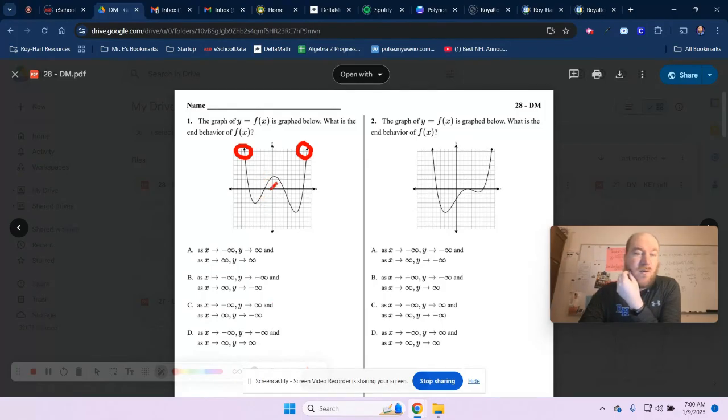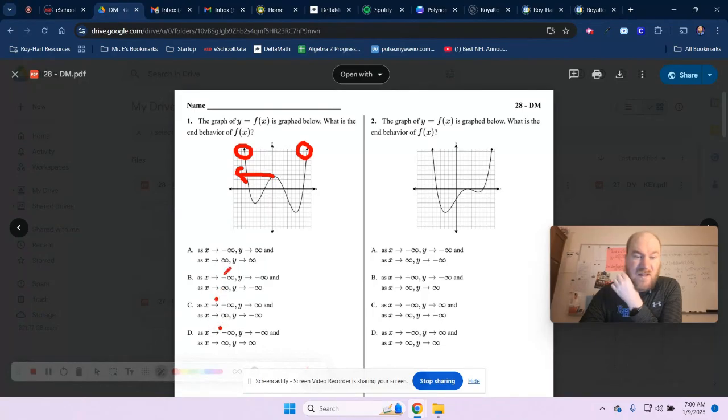So remember, when we read graphs, we read left to right, and then we read up and down. So as we go to the left, what's this graph do? As we go to the left, this graph is going up, right? So we need to find the choice that says as x decreases, as it gets closer to negative infinity, which all of these choices say, right?